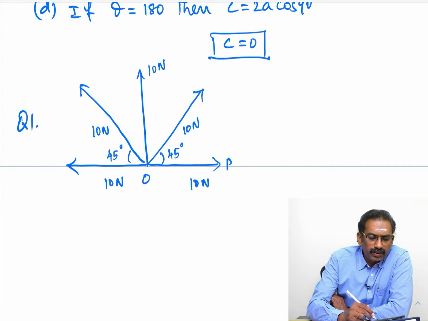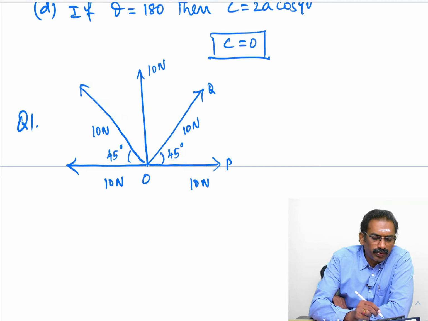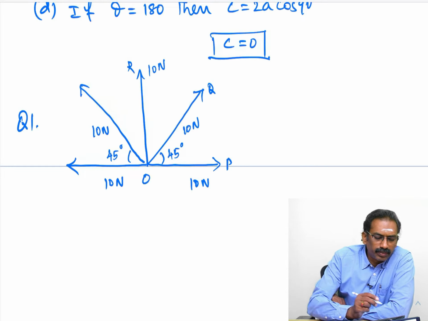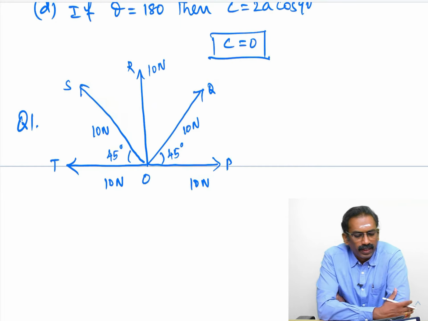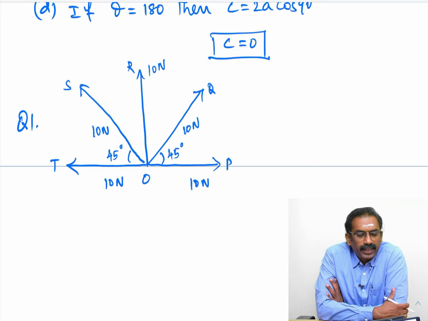OP vector, OQ vector, OR vector, OS, OT. These are the five vectors acting in the xy plane. Angle between P and Q is 45. Angle between P and R is 90 degree.